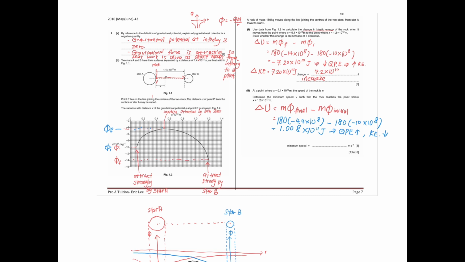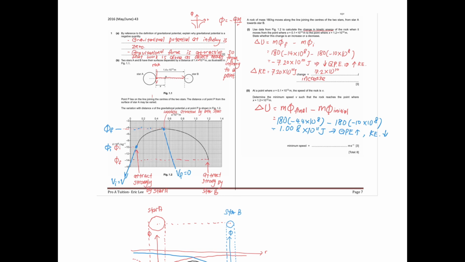Now I put in blue color again. At this point the speed is v. At this point, the v initial is v, the v final is 0. That is just enough energy. So final is 0, just enough energy.